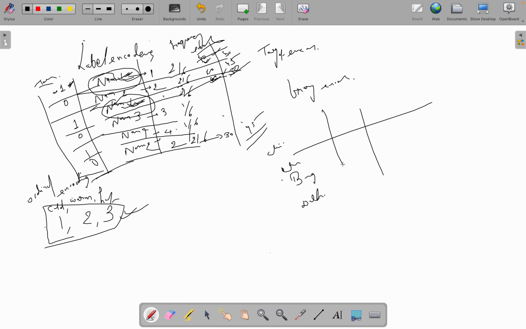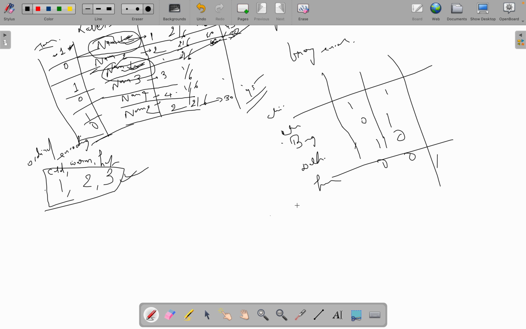In the column you can write Chennai as 1 1, Bangalore as 0 1, and Delhi as 1 0. Okay, so this is your binary encoding. And if there is some other city, Hyderabad, then it will be 0 0.